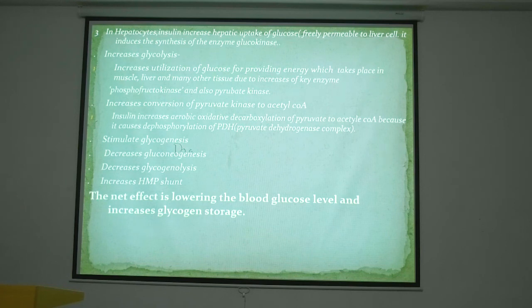Increased conversion of pyruvate to acetyl-CoA: insulin increases aerobic oxidation, decarboxylation of pyruvate to acetyl-CoA, because it causes dephosphorylation of the pyruvate dehydrogenase complex. As I told you, some enzymes are dependent on the dephosphorylated state and some on the phosphorylated state, and both states are maintained by the insulin hormone.